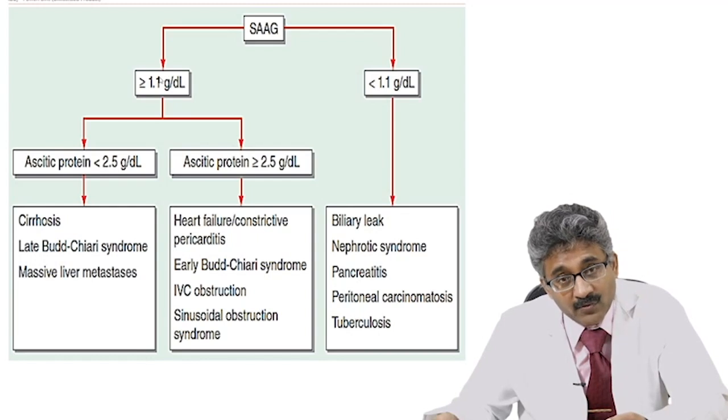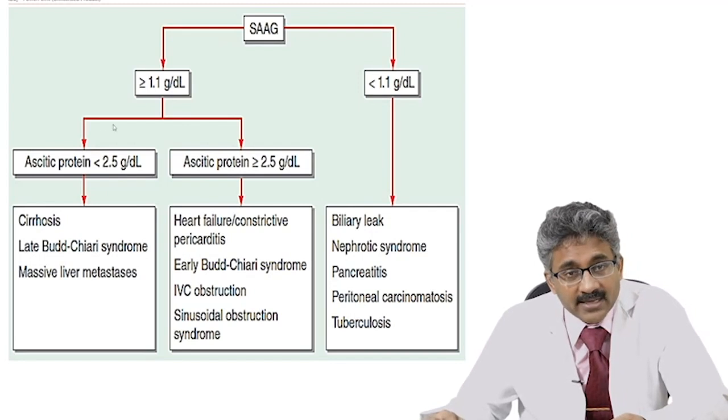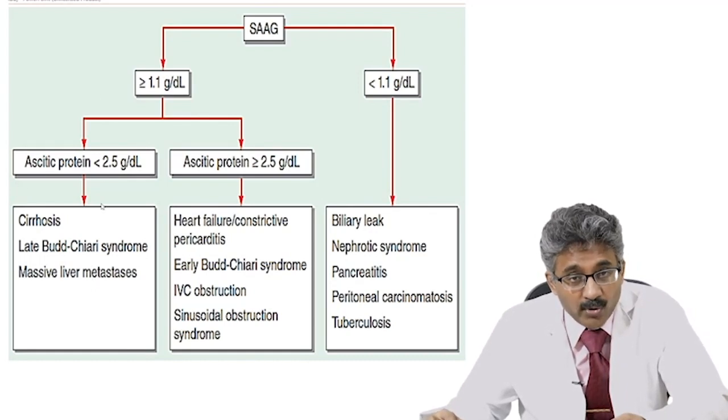Again, SAG more than 1.1 can be subdivided based on the ascitic protein quantity: ascitic protein less than 2.5, and ascitic protein more than 2.5. SAG more than 1.1 with ascitic protein less than 2.5, you get in cirrhosis, late Budd-Chiari and massive liver metastasis. Why do you get ascitic protein less than 2.5 in these conditions?